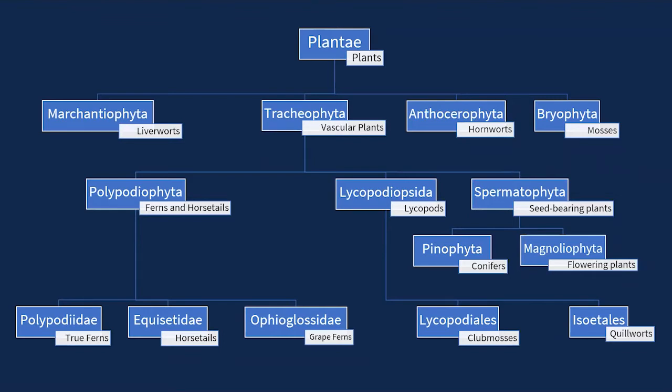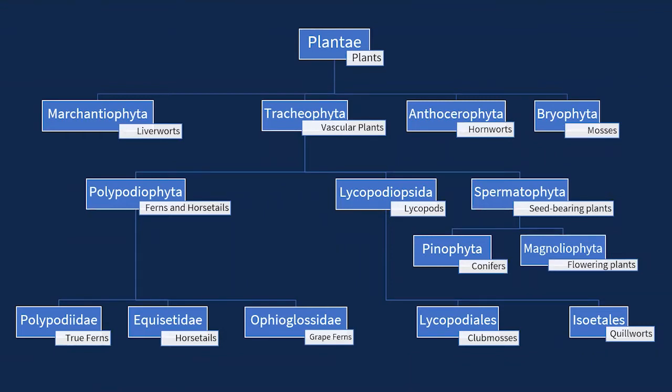Inside this group of vascular plants lies a lot of what we consider plants today. We have our seed-bearing plants all the way on the right there, the spermatophyta. Those are our conifers and our flowering plants, our trees, grasses, sedges, and wildflowers.